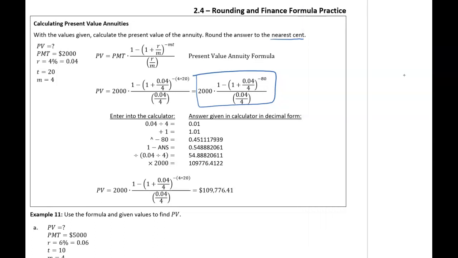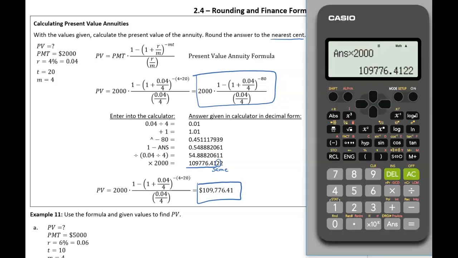But if I'm rounding to the nearest cent, 2 decimal places, check that 2 and makes the 1 stay the same because it's smaller than 5. And we get our final answer, 109,776 with 41 cents. So the order, how we enter this, makes a big difference.